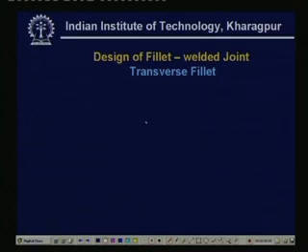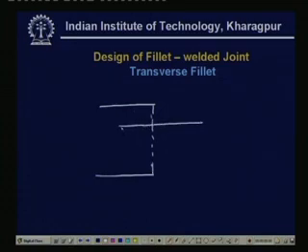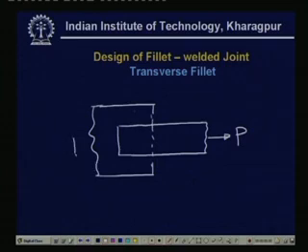How does the transverse joint look? Again, we have a similar configuration. We have, let us say, force P, and here we have P, and in the transverse joint the welding is made here.